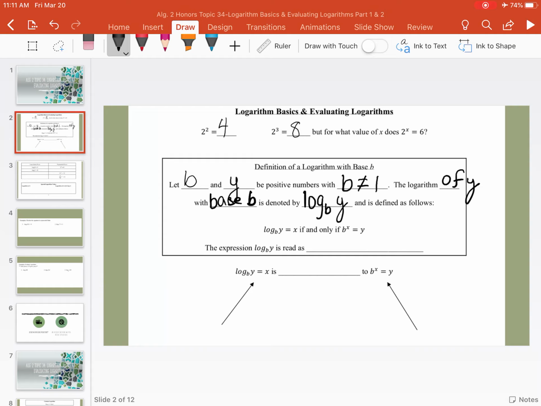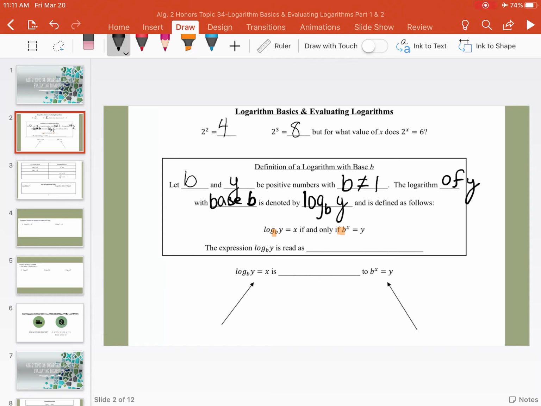So b is like our subscript here, and it is defined as follows. If we have log base b of y equal to x, that works if and only if b to the x equals y. So notice here how we have our bases of b and b. They're both called bases. So it's the same in logarithmic form as it is in exponential form.